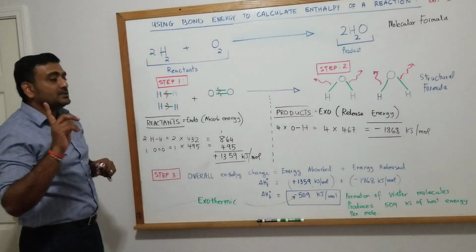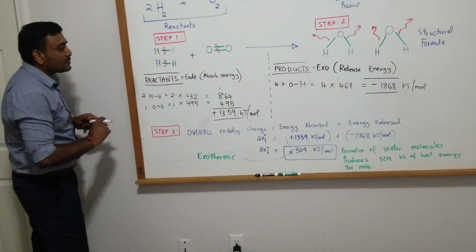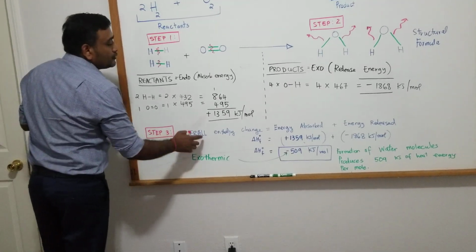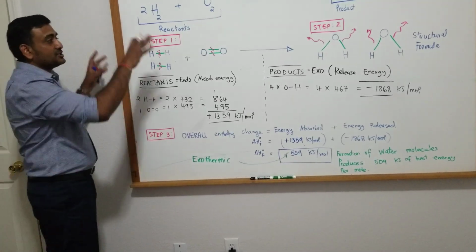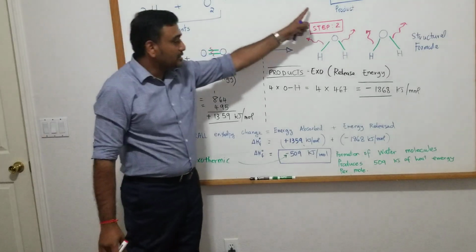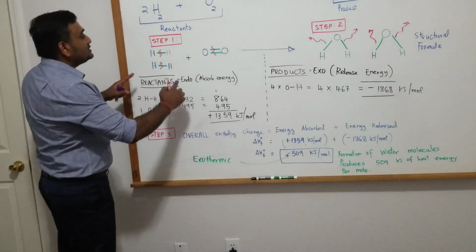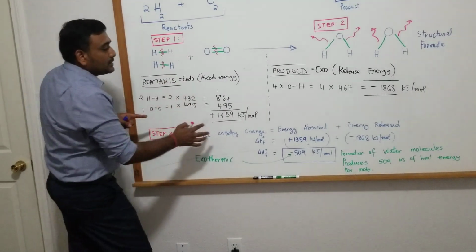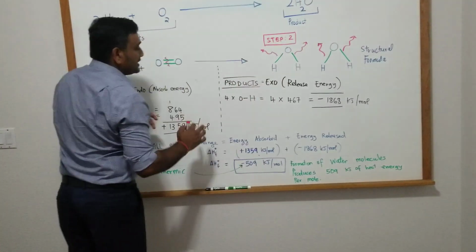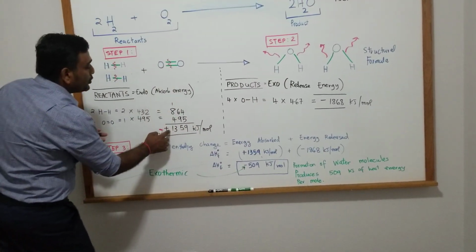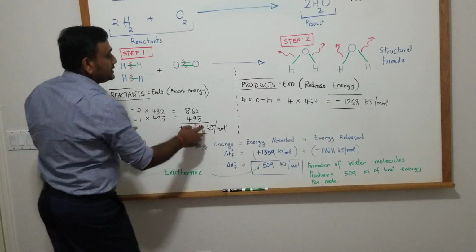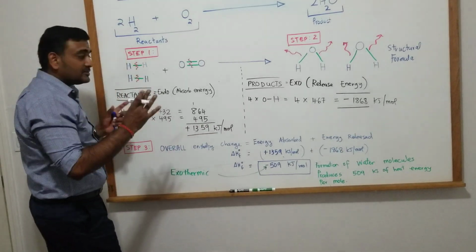So moving on to the third step, which is very crucial. The third step calculates the overall enthalpy change of the reaction. So the formation of water molecule on the reactant side versus the product side. The reactant side absorbed a total of 1359 kilojoules of heat energy from the system.